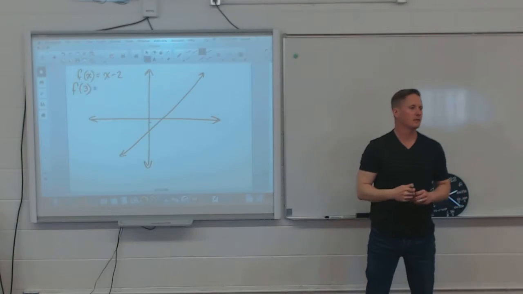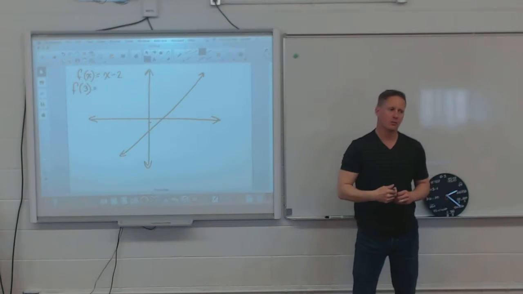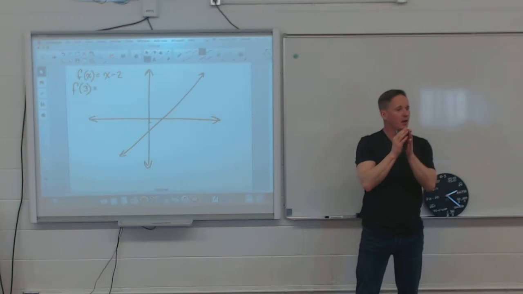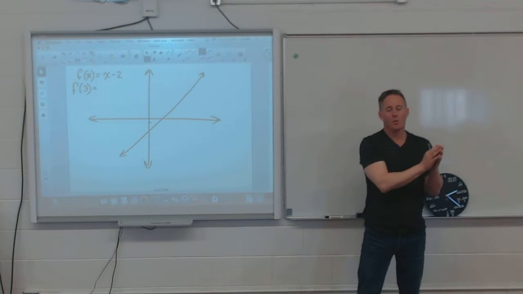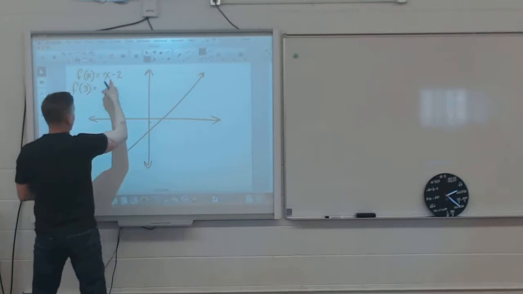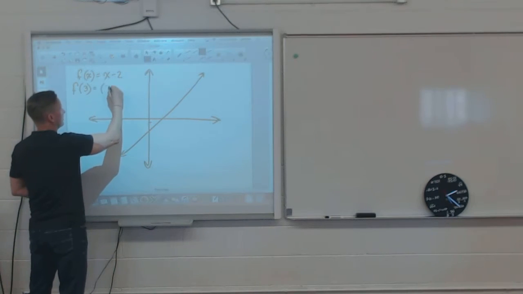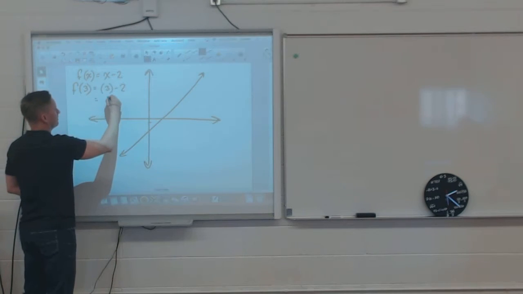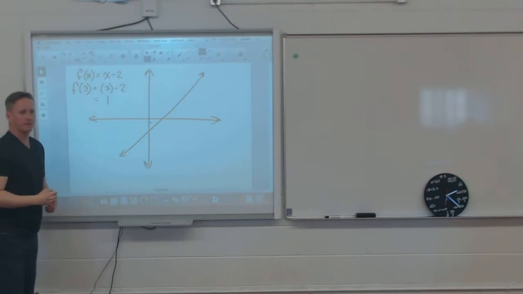X is replaced by 3. So in other words, what I'm saying is, when x is 3, what is y? Agreed? Wherever I have x, I replace it with 3, and then I simplify this, so my coordinate would be 3 and 1, right?